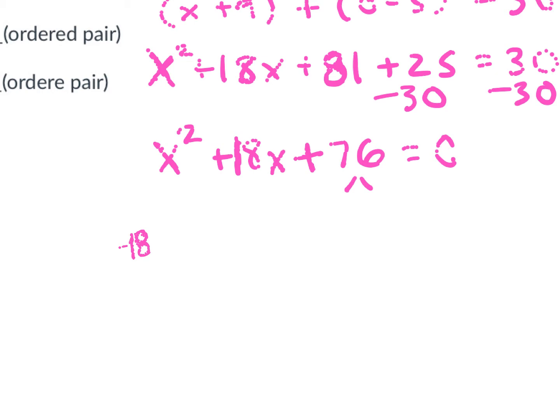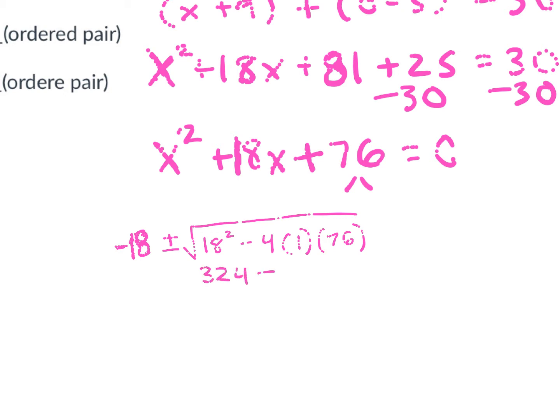But it didn't last. Negative 18 plus or minus the square root of b squared, so 18 squared, minus 4 times a times c. So 4 times 1 times 76. 18 squared is 324 minus 4 times 76, which is 304.